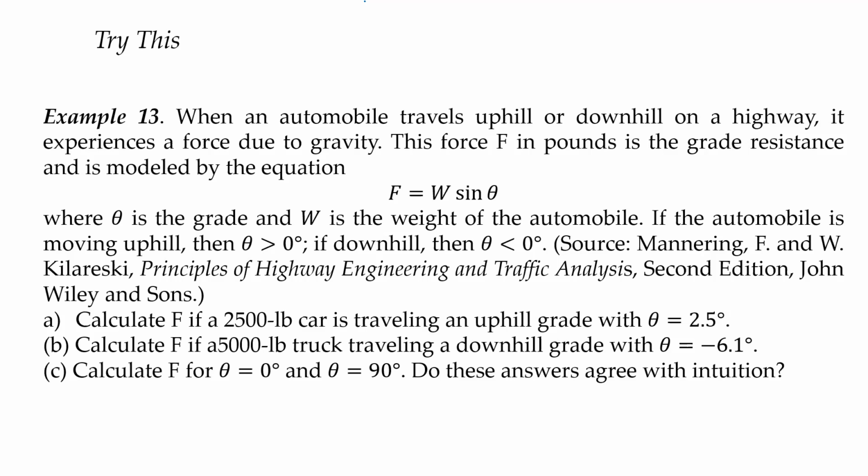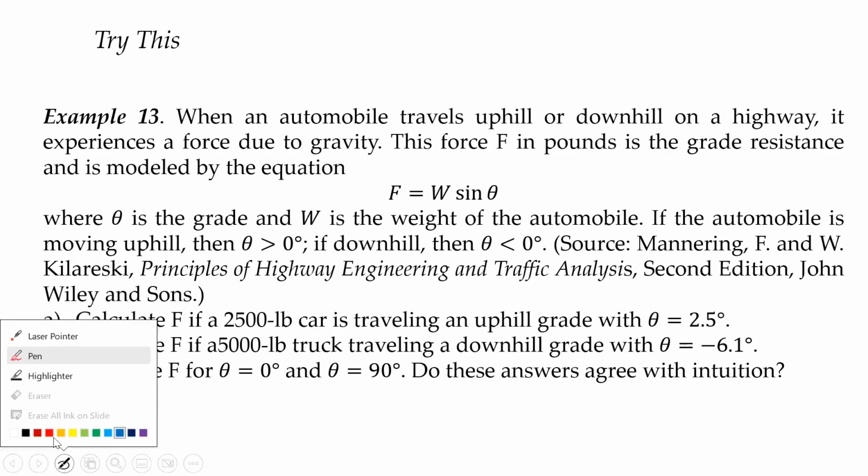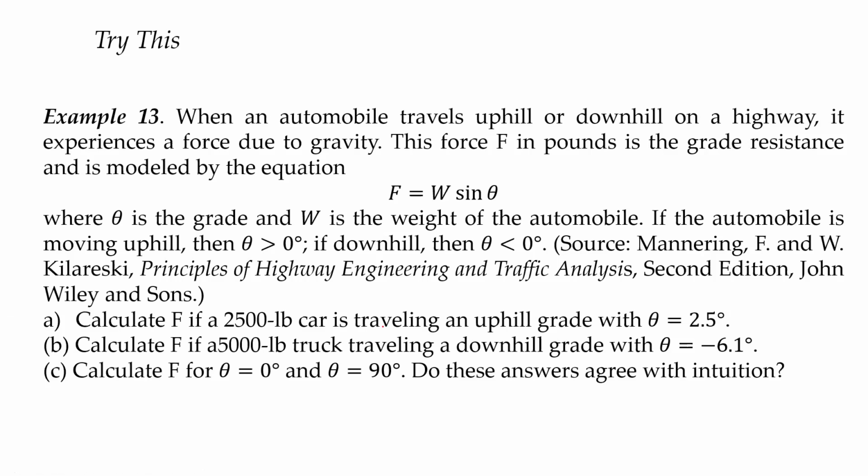So W is another value and sine theta is also another value. So simply meaning you multiply W with sine, but by convention we don't usually put parentheses, especially if we are using variables. We put parentheses if you are dealing with numbers. Okay?